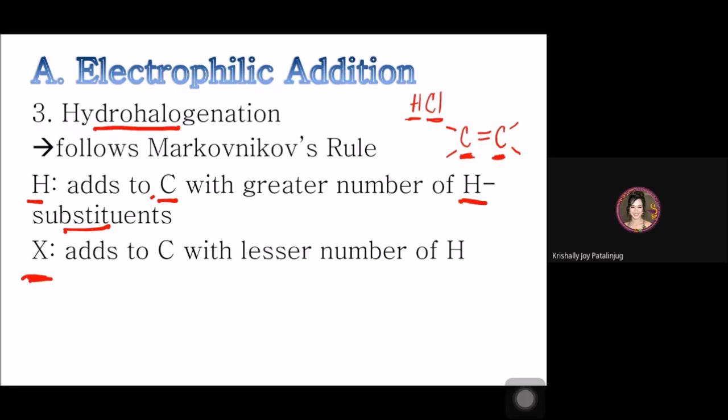Okay? So kung alam mo na saan papunta si hydrogen, no problem na dayon kay X. Dito siya sa isa ka double bond carbon, kung saan yung carbon na yun, lesser ang number of hydrogen. Okay? Again, sa Markovnikov's rule, in order for you to predict the product, hydrogen will be added to the carbon with greater number of hydrogen substituents. The X or the halogen will be added to the carbon with lesser number of hydrogen.